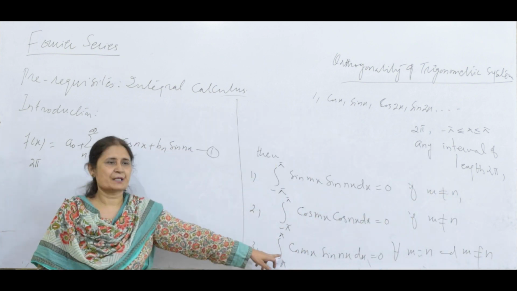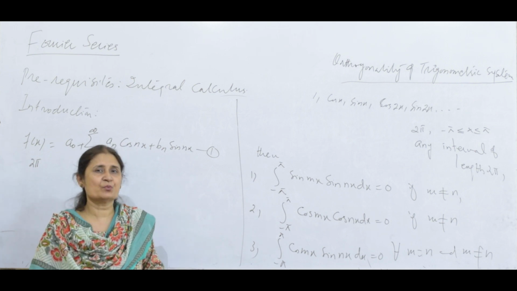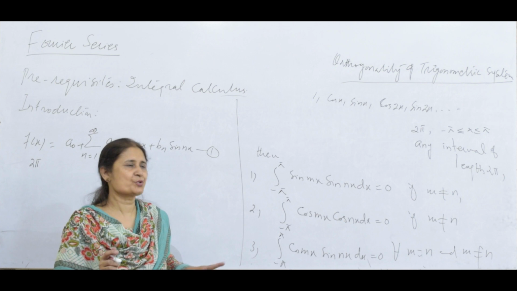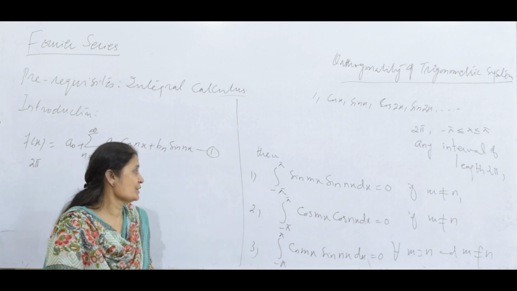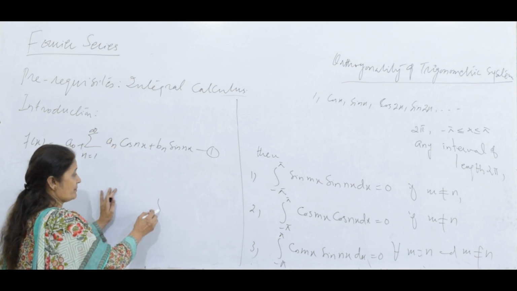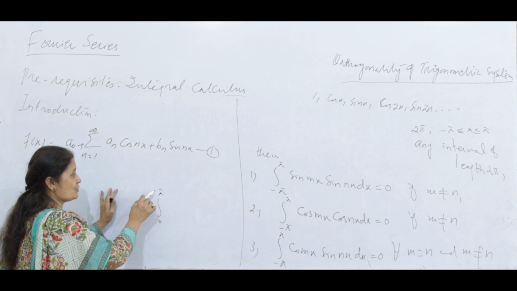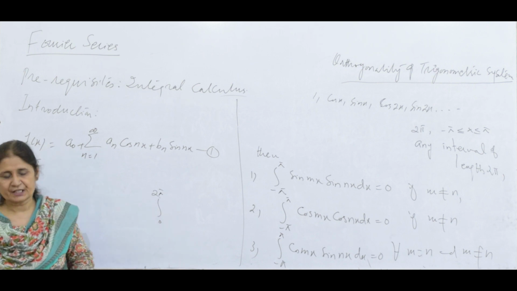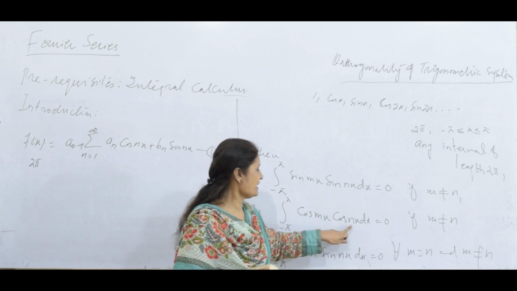In the third step, whether m and n are equal or unequal, you are getting 0. But make sure the length of the interval must be 2 pi. If I write 0 to pi, it is not working. It should be 0 to 2 pi. So the length of the interval must be 2 pi, and m and n must be integers.